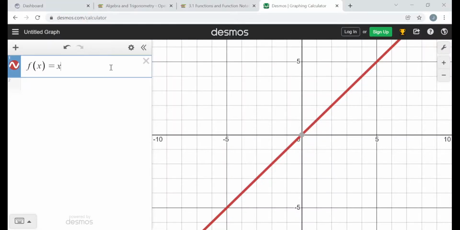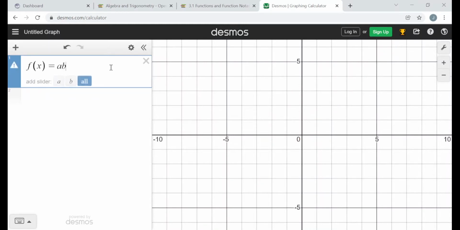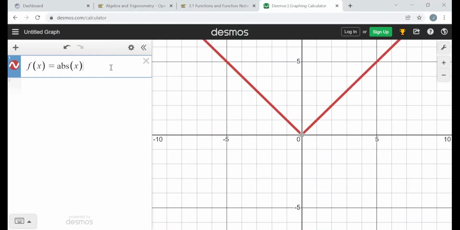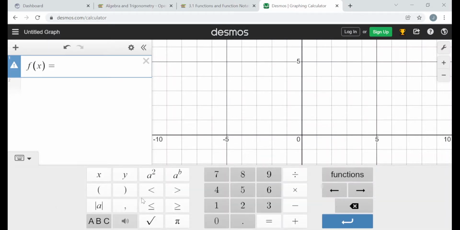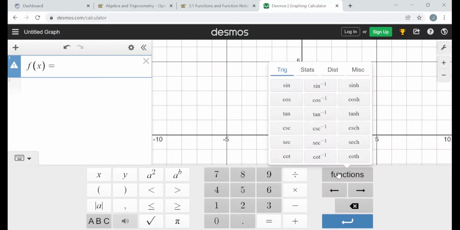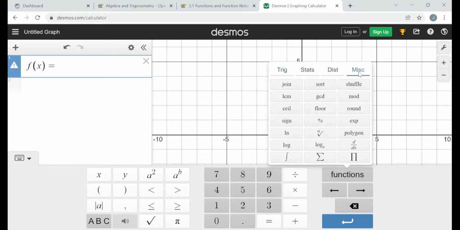And let me go back here and do that. So ABS of x. ABS is short for absolute value in the Desmos here. And you can also put in the absolute value symbols if you want, but you have to go to the keyboard here, and they are located under the Functions tab, and I think Miscellaneous.